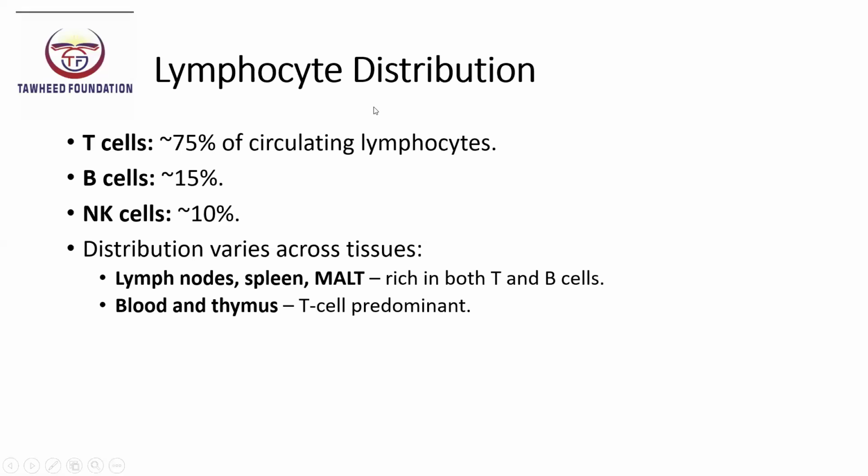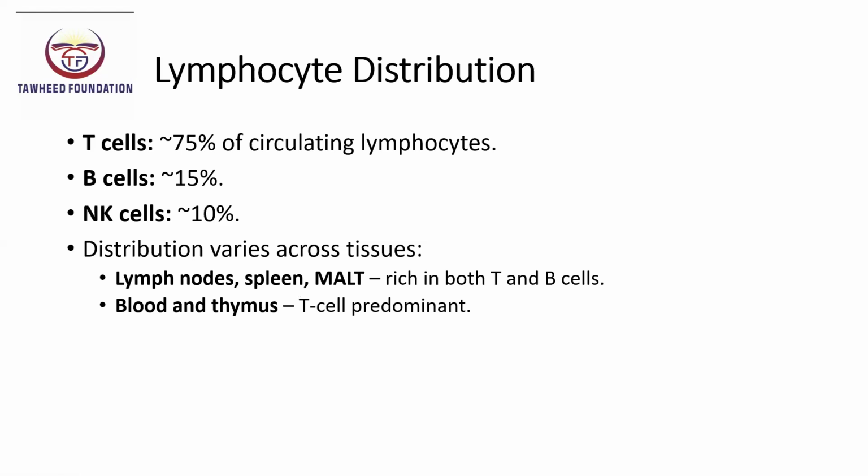Next is lymphocyte distribution. The distribution of lymphocyte types varies across different tissues. Approximately 75% of circulating lymphocytes are T cells, 15% are B cells, and 10% are NK cells. In lymphoid organs such as the lymph nodes, spleen, and MALT, both T and B cells coexist to coordinate immune responses.